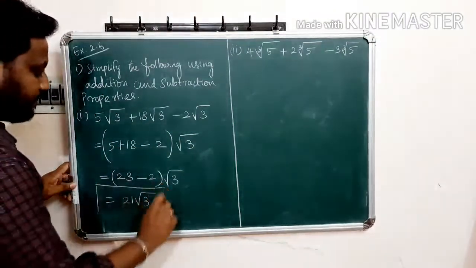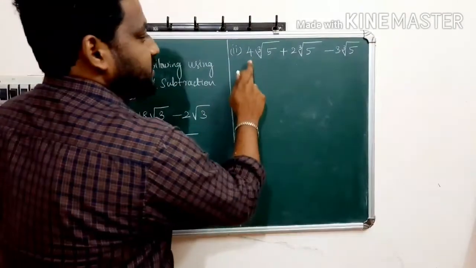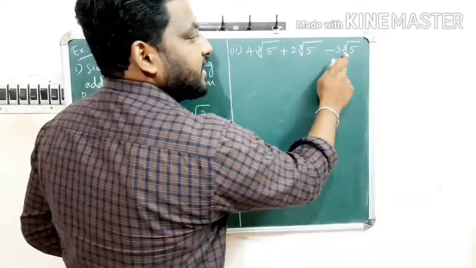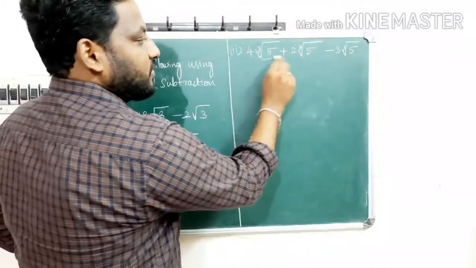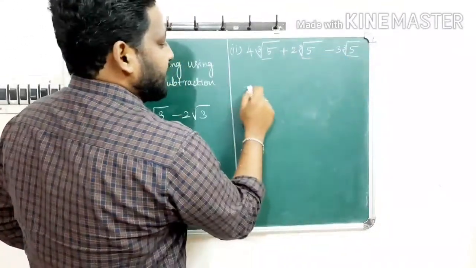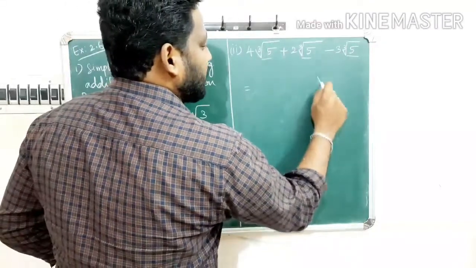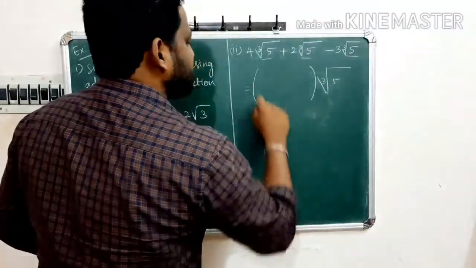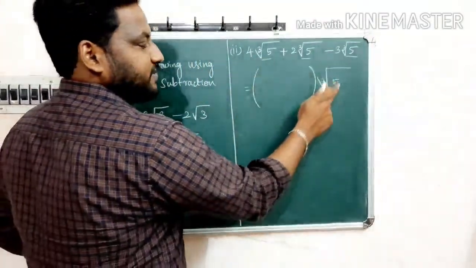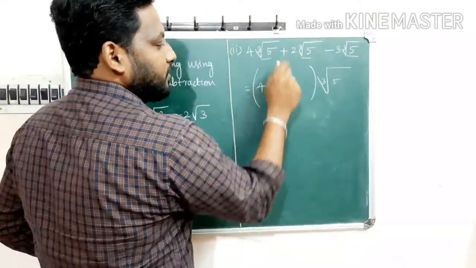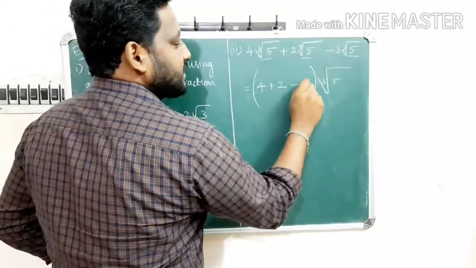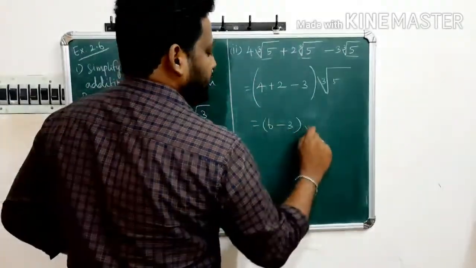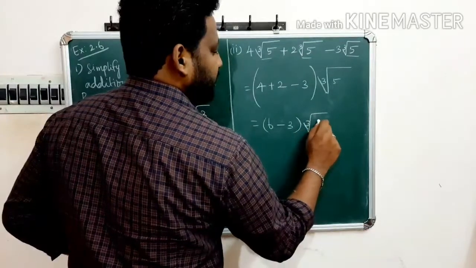Okay. And then second question, 4 cubic root of 5 plus 2 cubic root of 5 minus 3 cubic root of 5. So the cubic roots of 5 are common, so we can take cubic root of 5 as common. So inside the number, the cubic root of 5 is common, the number 4 plus 2 minus 3. 4 plus 2, 6, minus 3, cubic root of 5.